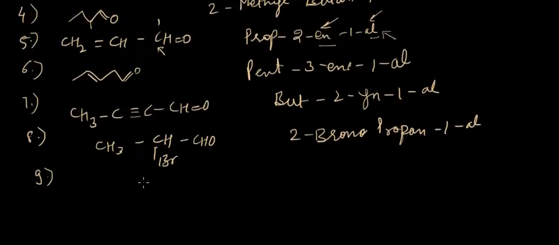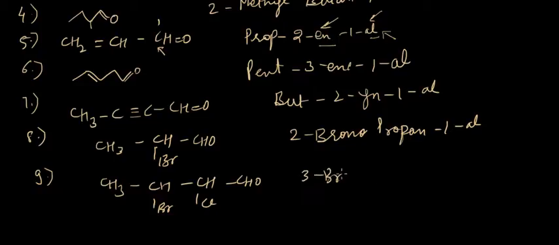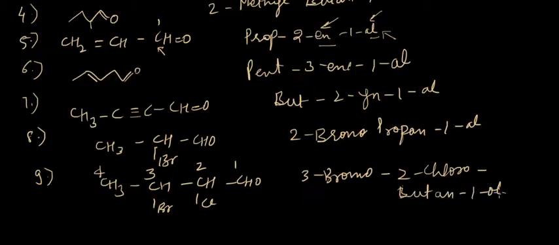We have something like this, so what would be the name of this? Simple, 3-bromo-2-chloro, and how many carbon atoms are there? 1, 2, 3, 4. So but-2-en-1-al.